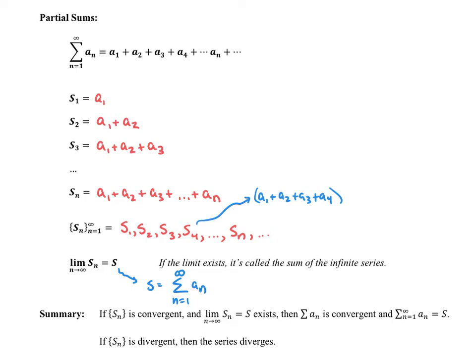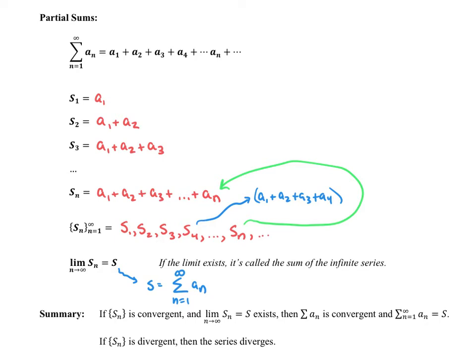Now remember, this nth partial sum is written right here. So the nth partial sum is a sub 1 plus a sub 2 plus a sub 3 plus a sub 4 for a very, very long time, all the way up to a sub n. In other words, it's very, very similar to the actual series itself. If n goes to infinity, it is the actual series.